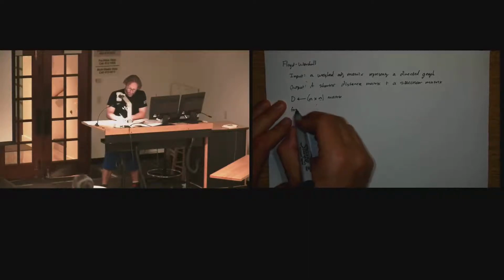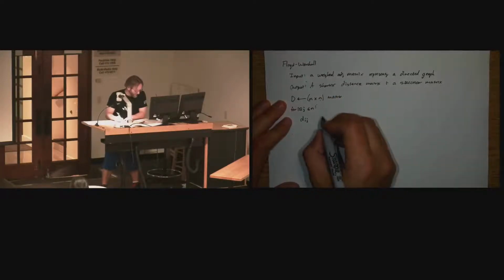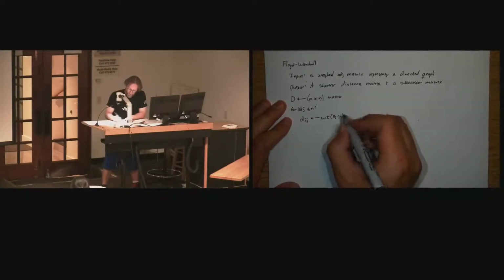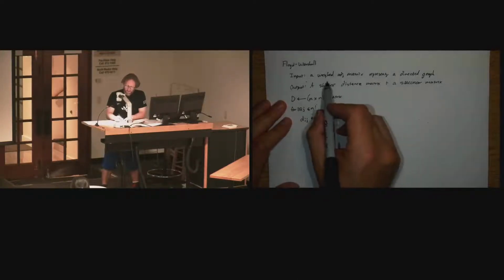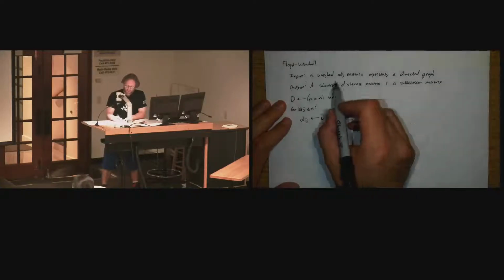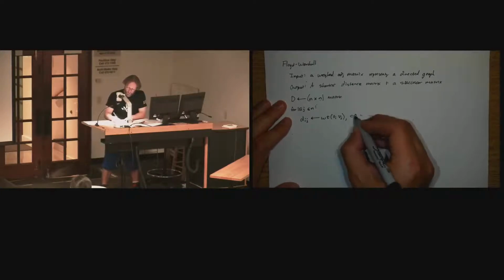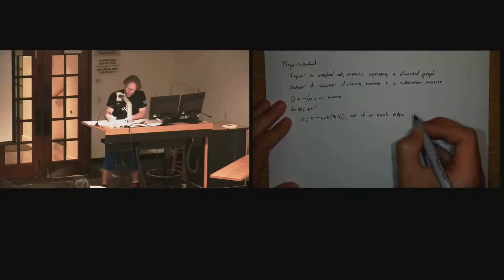So for i, j running from 1 up to n, d sub ij is going to be the weight of going from v sub i to v sub j. In other words, all of the edges. I did say that the input is represented as an adjacency matrix. This is me setting up that adjacency matrix. Infinite if no such edge.